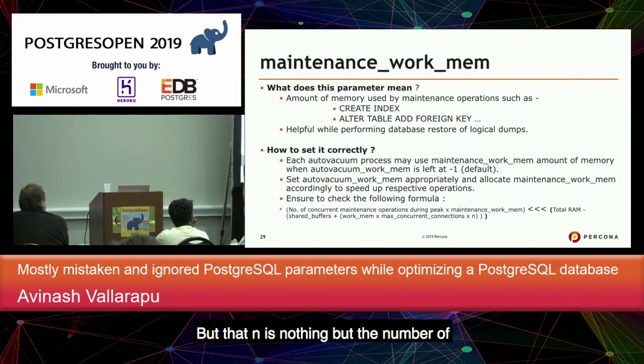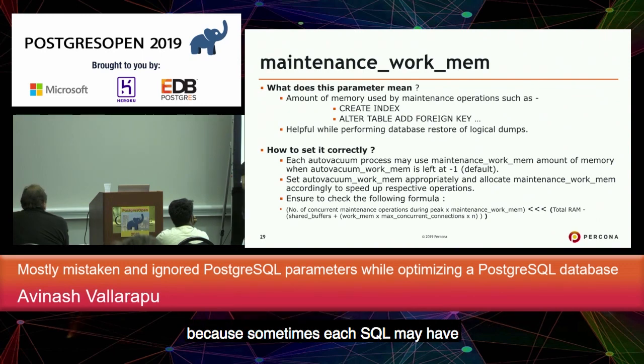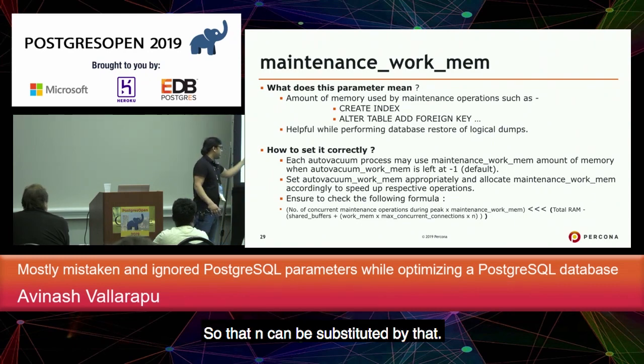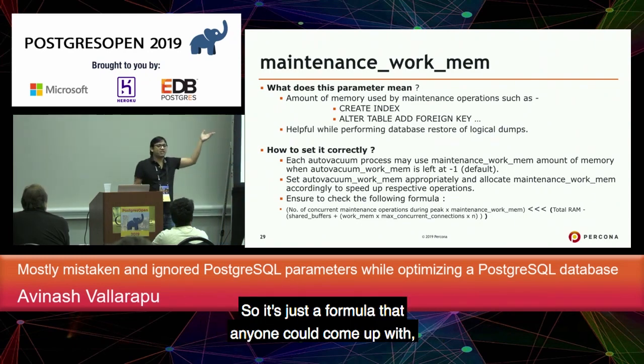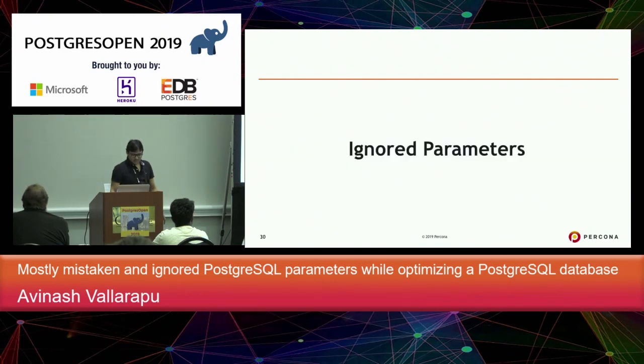That n is nothing but the number of sort operations that are happening per each query, because sometimes each SQL may have more sort operations than one, right? So that n can be substituted by that. So it's just a formula that anyone could come up with. I mean, I know people can change many things in it.